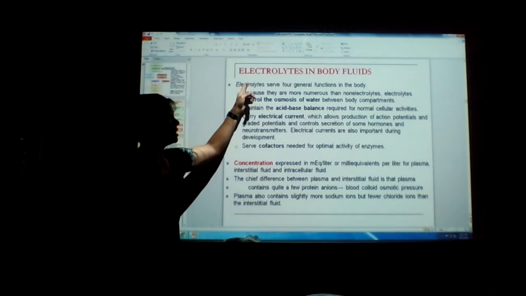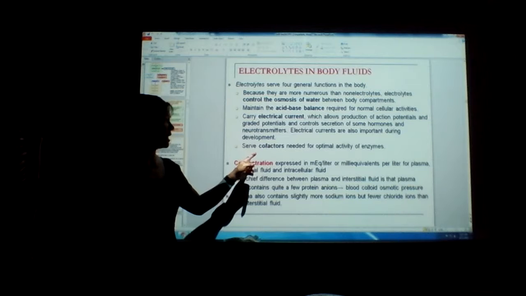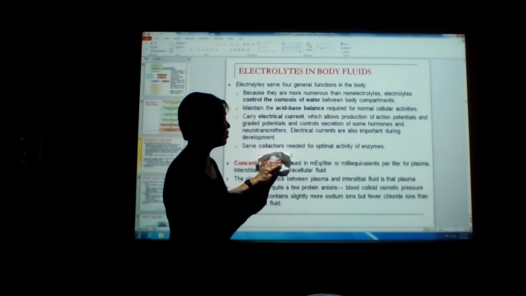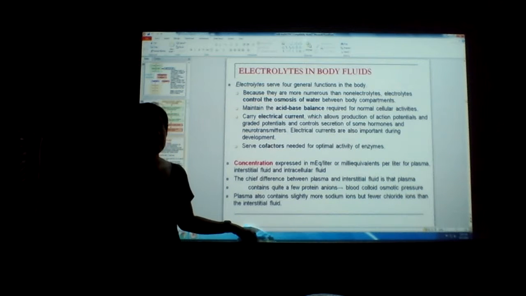So, in other words, electrolytes are important because they have a function. A lot of them also serve as cofactors. What's a cofactor? A cofactor is a helper of enzymes, and enzymes are key for metabolism, you know that.